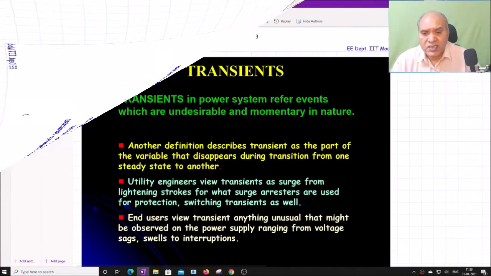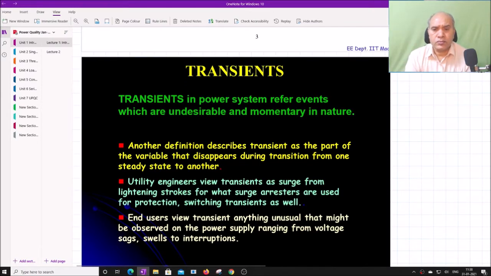So let us look at transients. As you know, a transient in a power system refers to events which are undesirable and momentary in nature, and as time passes, their magnitude disappears.